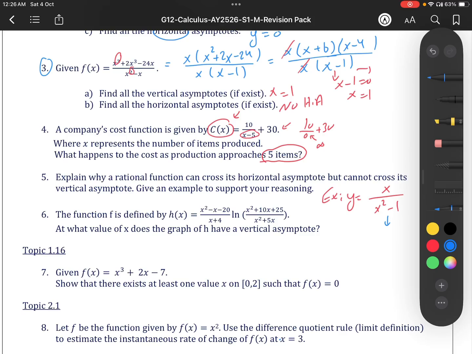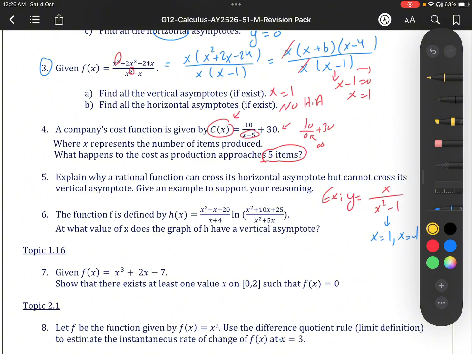If you solve it, factoring, you're going to get x equal 1, x equal negative 1. The vertical asymptotes are the restricted values. x cannot take these values. It's out of the domain. That's why it's impossible for x to be 1 or negative 1.